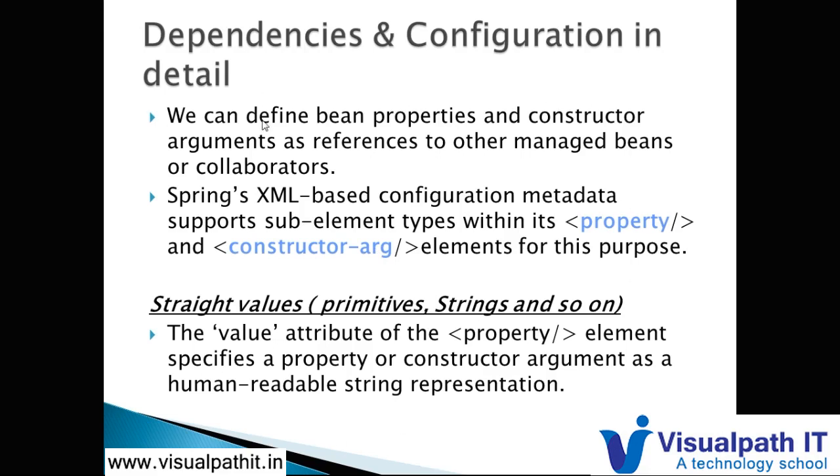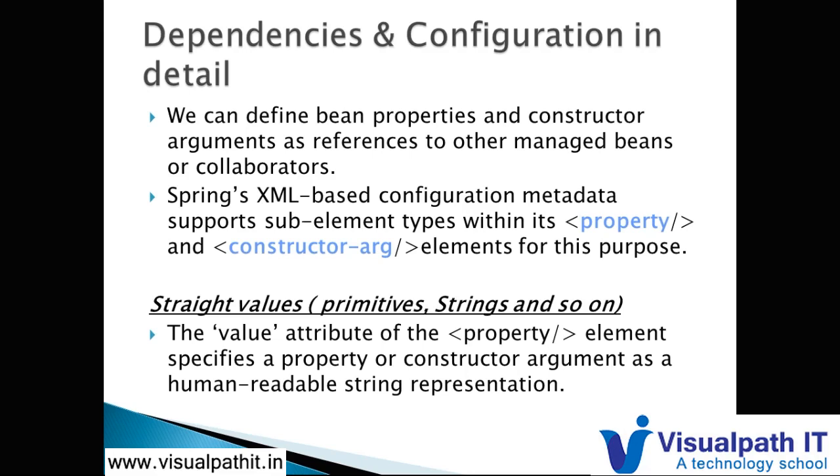Let's get into it. We can define the bean properties and constructor arguments as references to the other managed beans or the collaborators. We already saw there is a connection between each and every application object within the core container.